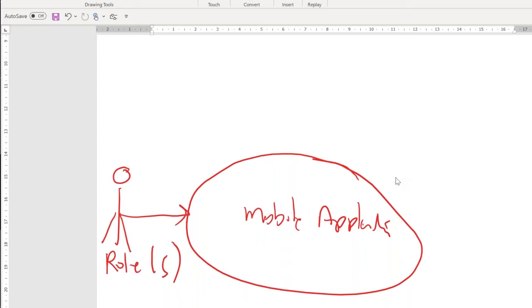So a good business analyst will not just think about one role, they will think about the primary users, and they will also think about the secondary users, right? Understand both. So first step, system in question. Second step, what roles are going to use this application?